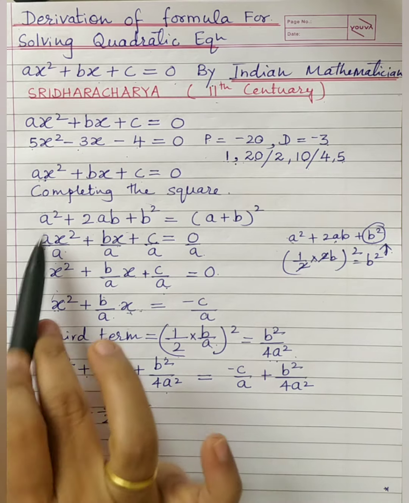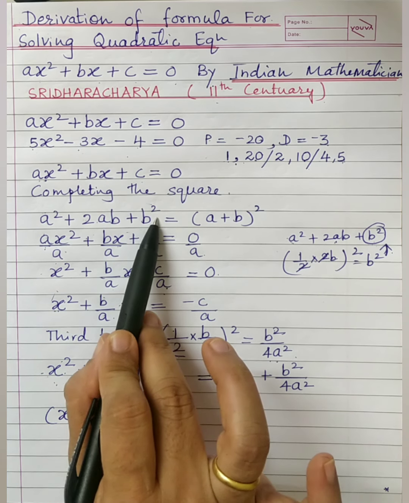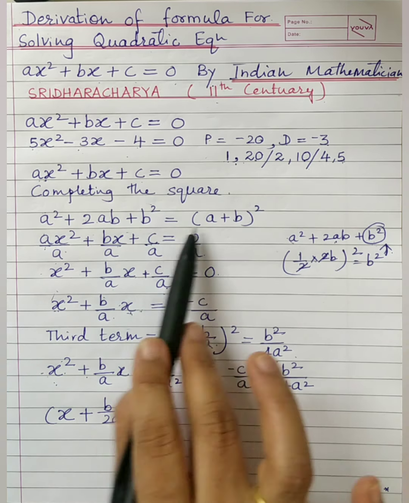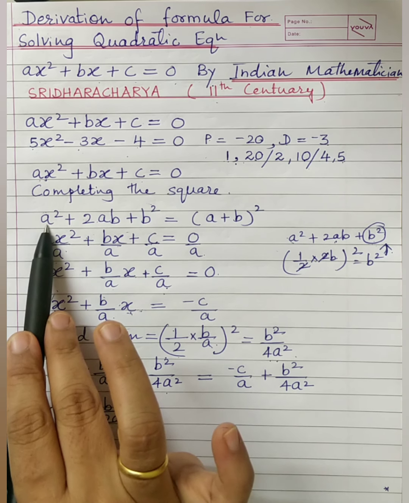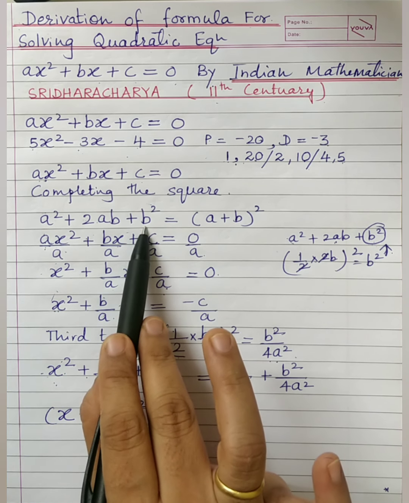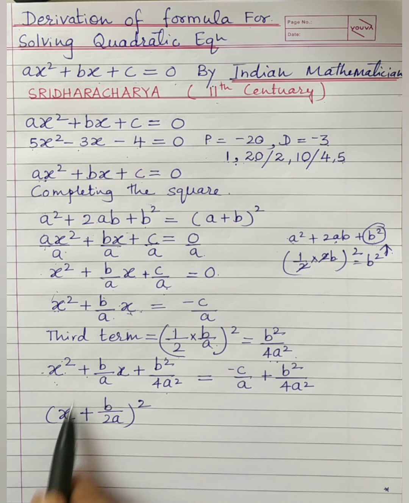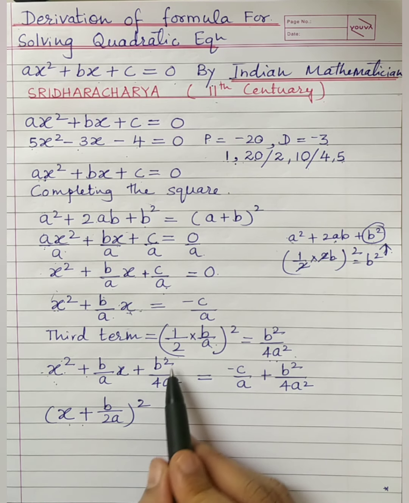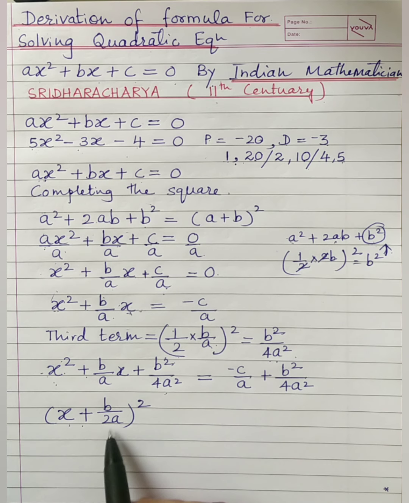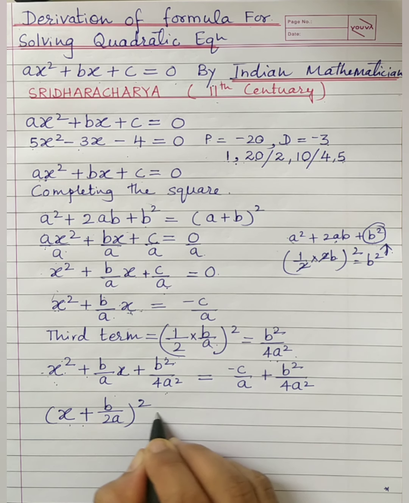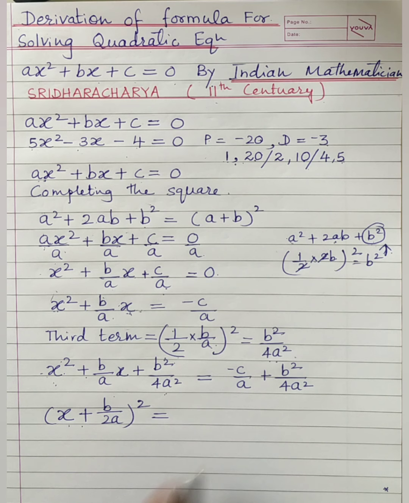I repeat, a square plus 2ab plus b square is the square of a plus b. How do you get a? Root of a square. How do you get b? Root of b square. So here root of x square is x, connection sign plus, and root of b square upon 4a square will be b upon 2a, is equal to, simplify the RHS.